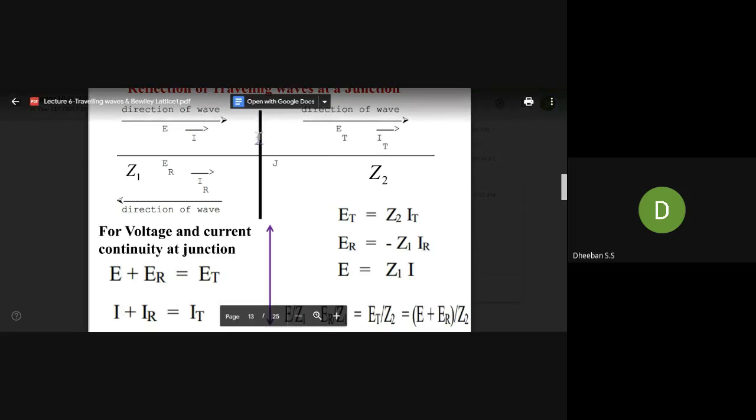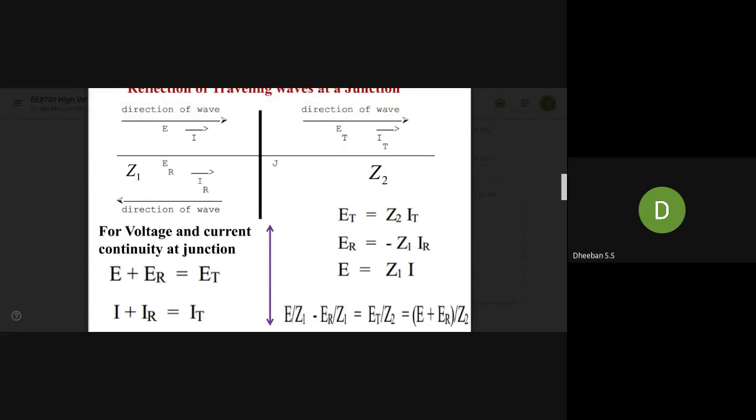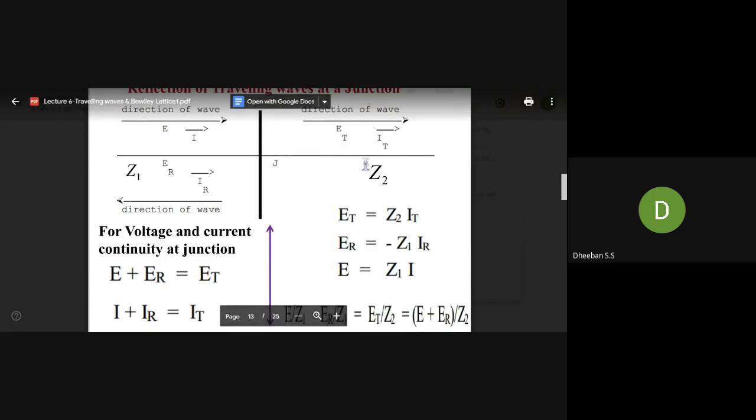Over this region your impedance value will be Z1, and after this junction your impedance value will be Z2. So the voltage after the junction is Et equal to Z2 into It. This is the normal Ohm's law applied after the junction.